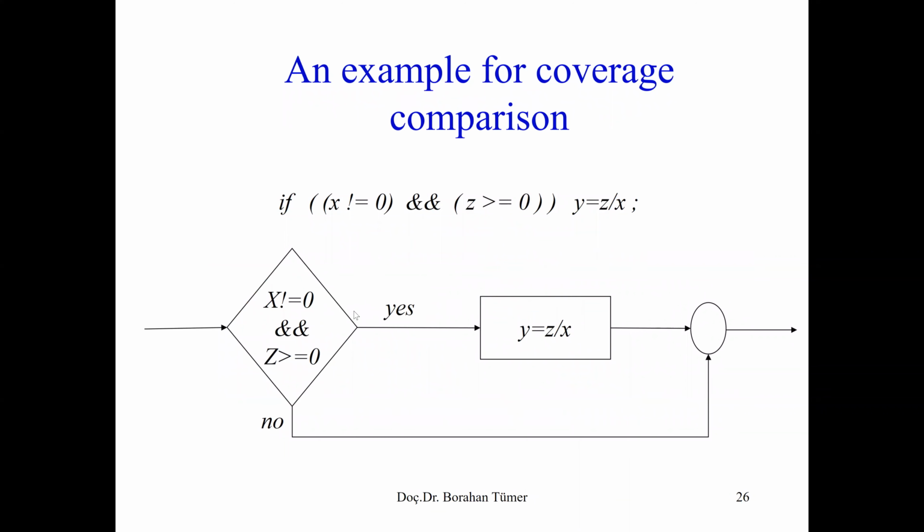Now, what is the condition coverage criterion? What test cases do I need for a complete condition coverage criterion? So I have this control node. I have two predicates in the control node. For each of these, I need to sensitize the true value and false value for each predicate.